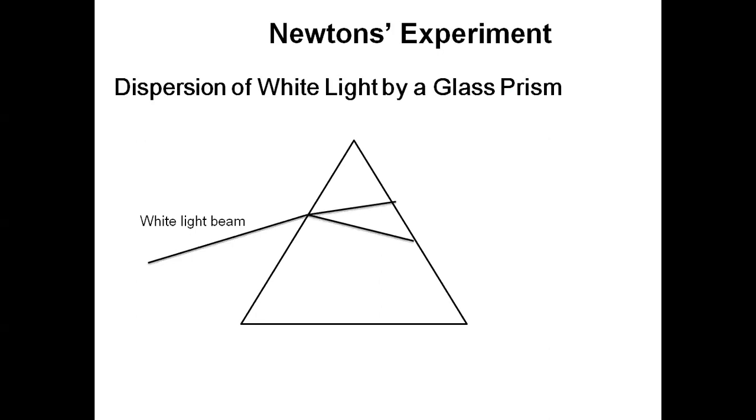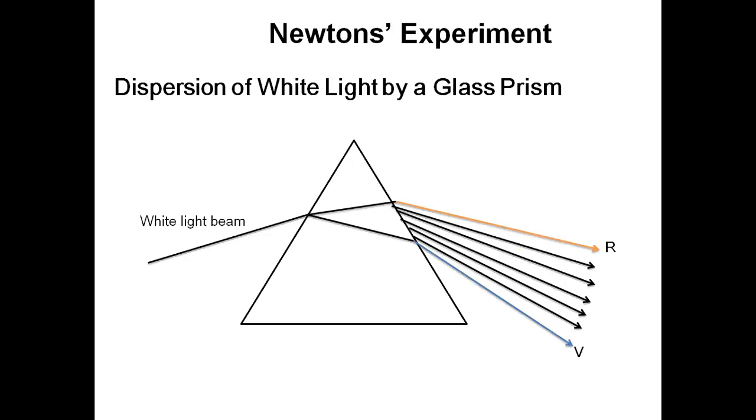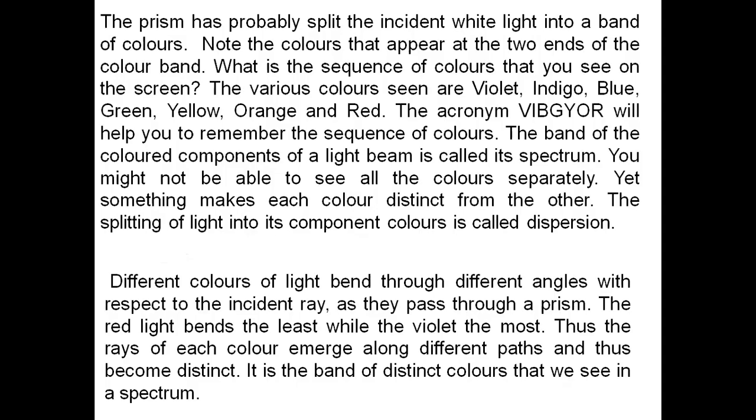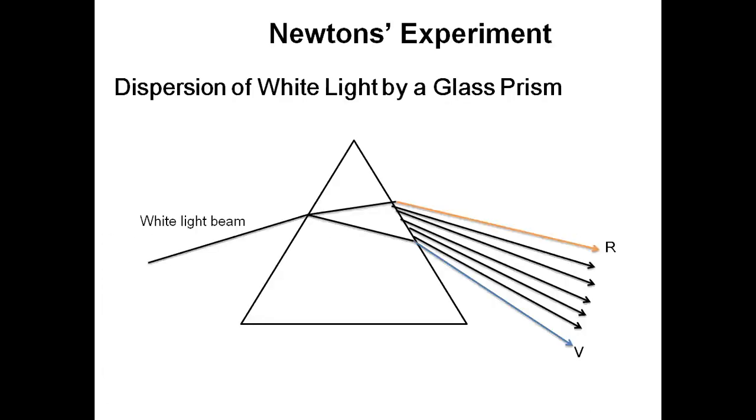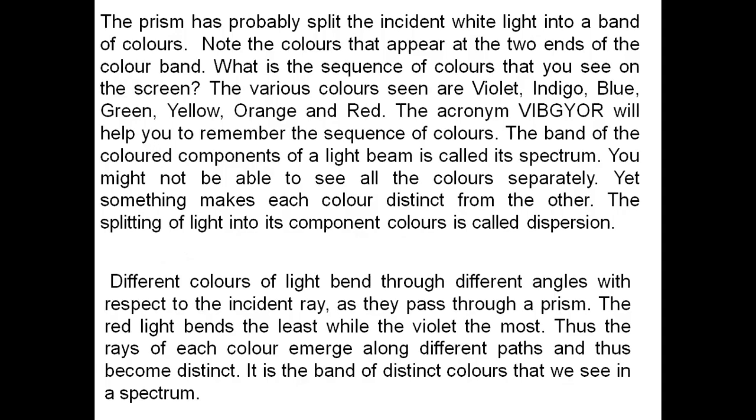Then after the refraction, you see it divides into rays, and we find a total of 7 colors, very simply VIBGYOR: violet, indigo, blue, green, yellow, orange, and red. A very simple topic, dispersion of white light by a glass prism.